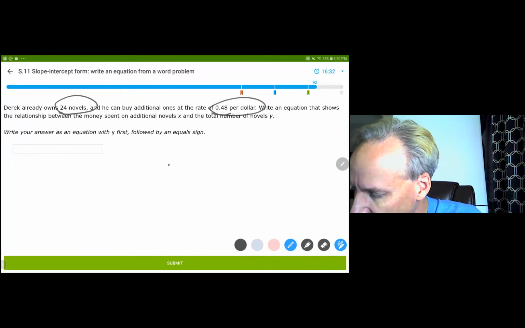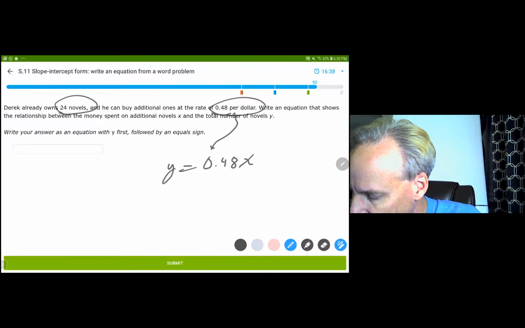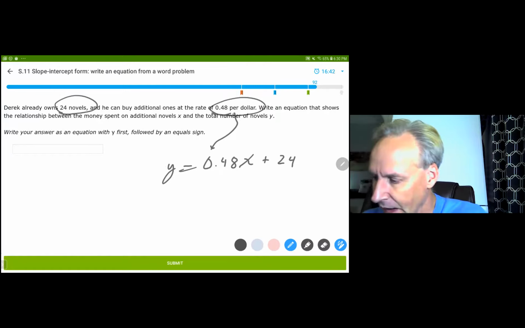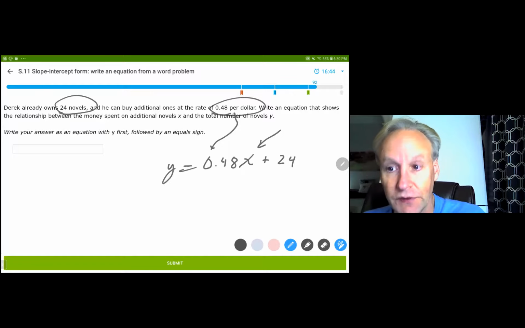But anyway, y equals, this is supposed to be the rate, 0.48x plus 24. x is supposed to be the number of dollars that he spends. So if he spent $100, he would get 48 novels.